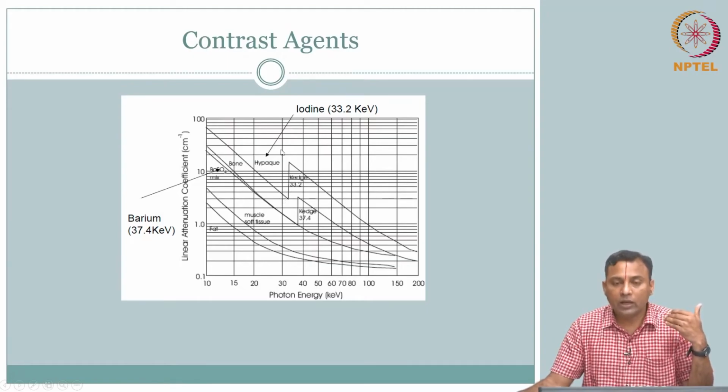Suddenly you see the attenuation coefficient increase just at the K edge. Your K shell binding energy is so positioned within your diagnostic X-ray range that there is a rapid, edge-like increase in the attenuation coefficient.